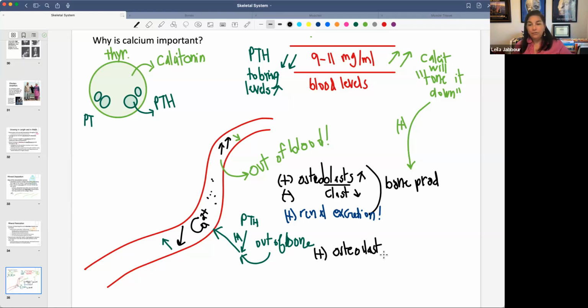So not only do we stimulate osteoclast activity, but with the help of vitamin D, so I'm going to add vitamin D in the story here. With vitamin D, we are also promoting absorption via digestion. So promotes, I don't want to write food here.